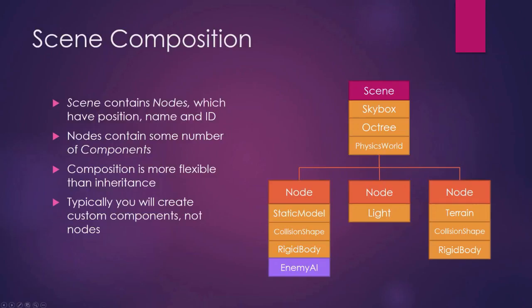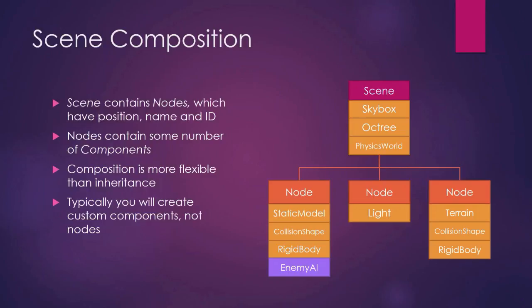So here in the diagram, for example, you can see I have a node which has an enemy AI component, and I've put that in purple because that doesn't actually exist. That would be something that I might create by subclassing component in this case.